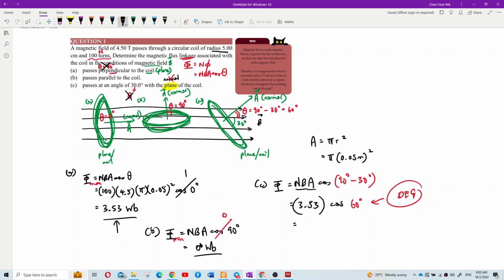So what's the answer? 3.53 times cosine 60, I get 1.765 volt, or you can write it as Tesla meter square.